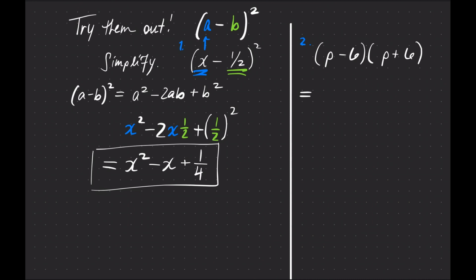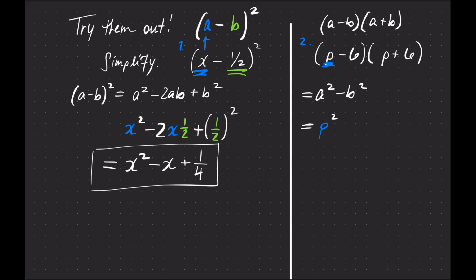Alright, and then right here, this to me looks like a minus b, a plus b, which is the same as a plus b, a minus b, right? So we know this should be equal to a squared minus b squared. So I'm just going to plug in what I had for a. In this case, it's p squared.